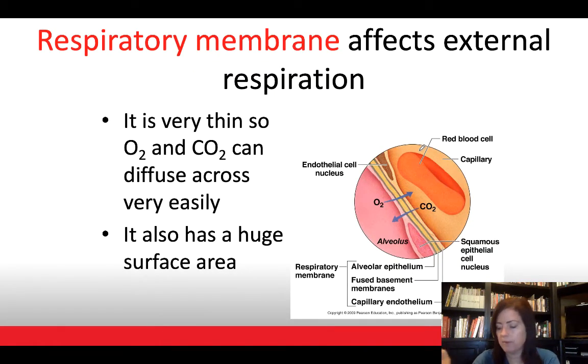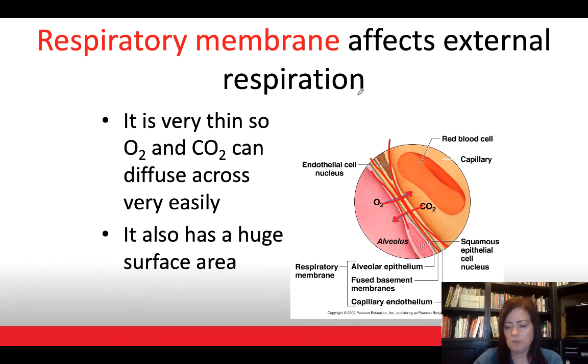Okay. Our second factor that affects respiration is our respiratory membrane. And if you recall, that was that 3-layer membrane. We had the wall of the alveoli, we had the fused basement membrane together, and then we had the wall of the capillary, and all very thin and allowing for that diffusion of oxygen and carbon dioxide across it.